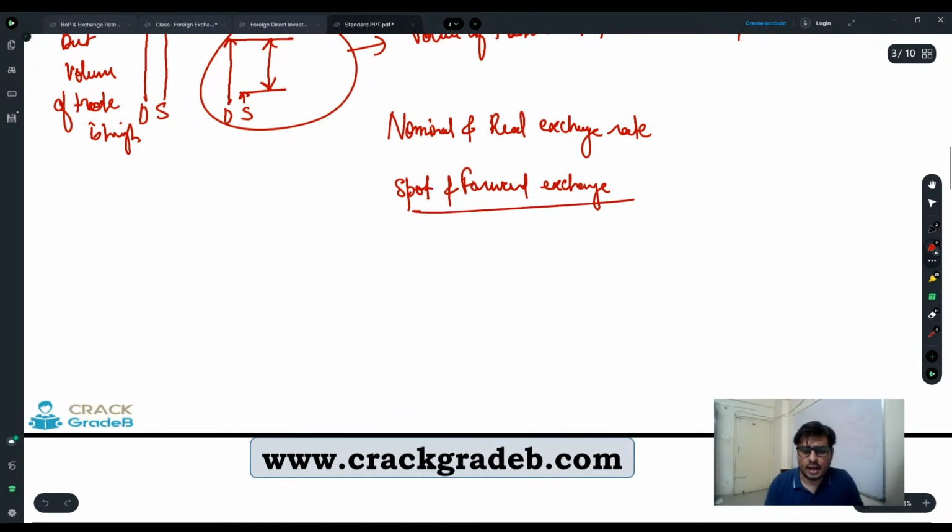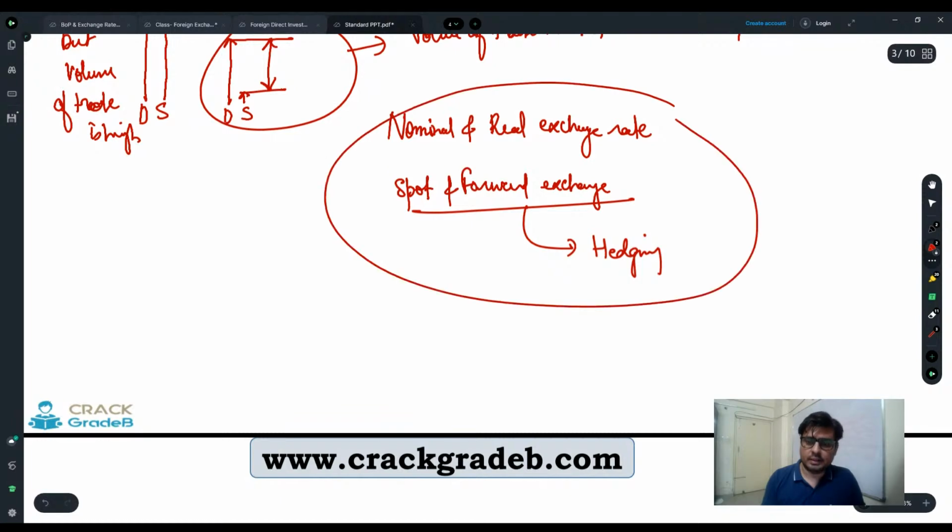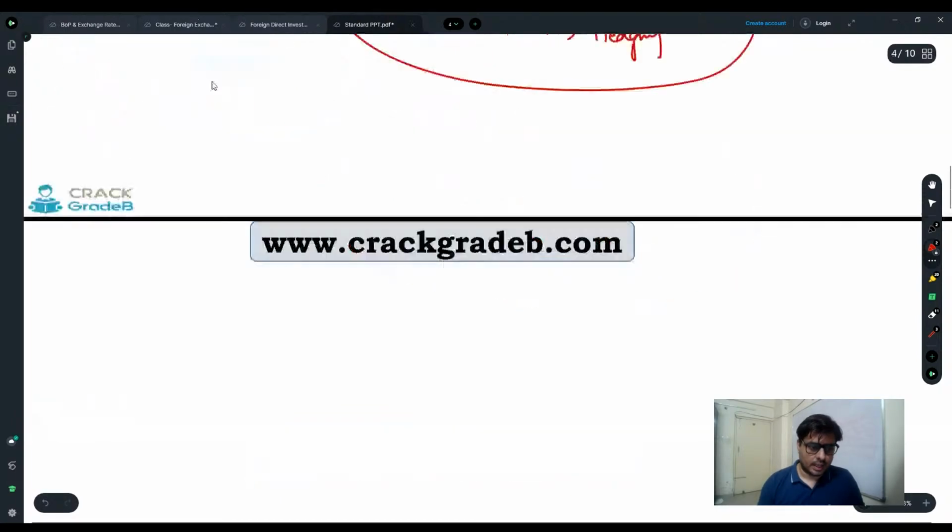Forward exchange. And on the basis of that, I told you about hedging. What is hedging? Hedging is a process through which we try to minimize the risk of fluctuation in trade and commerce because of the rise or fall of the value of the currency. This is what I explained in the last class, right?